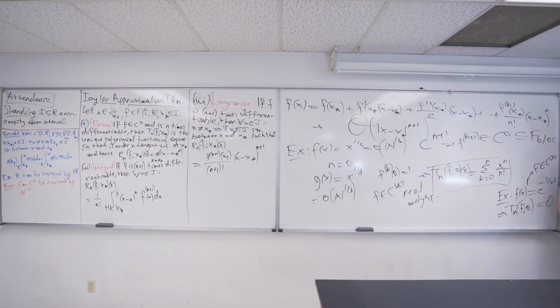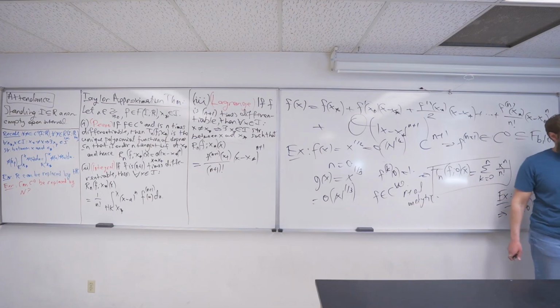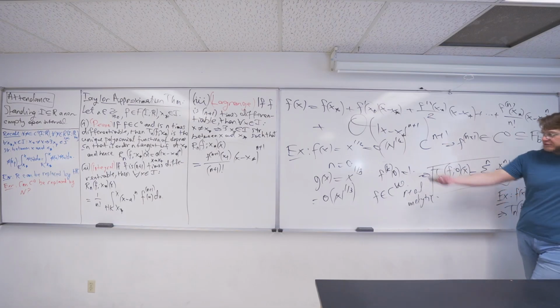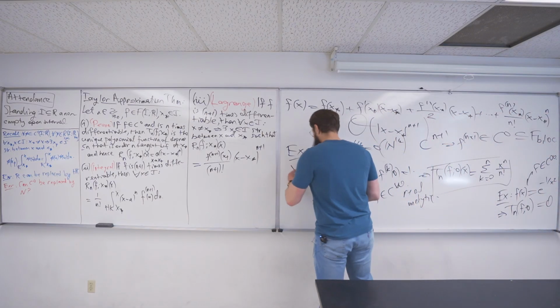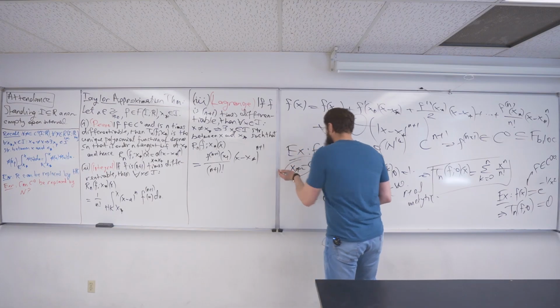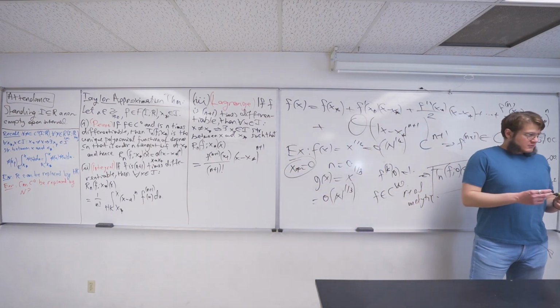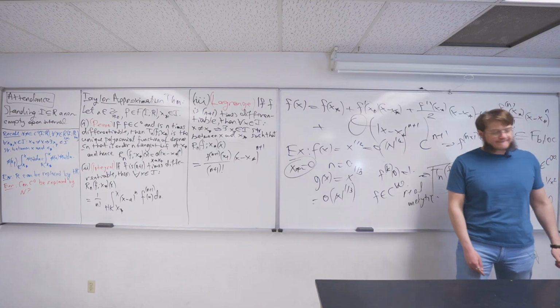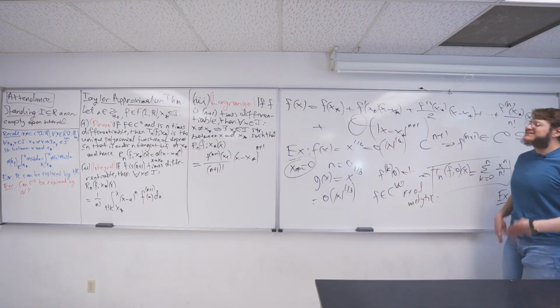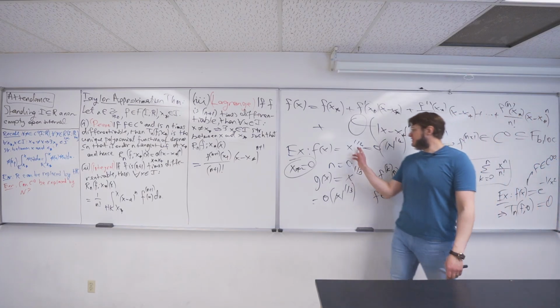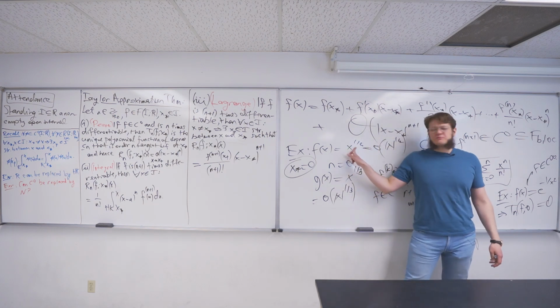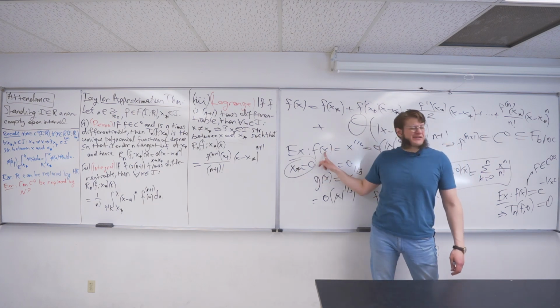What confuses me about this is that you always have to give us where you are expanding. Where is it? 0. There is again some technical issue here because x to the 1/2 is not defined for negative x values.